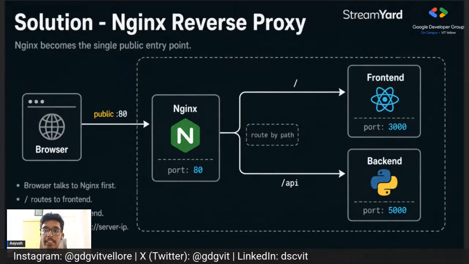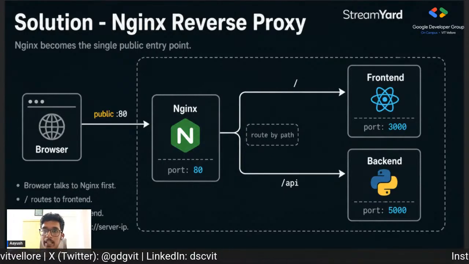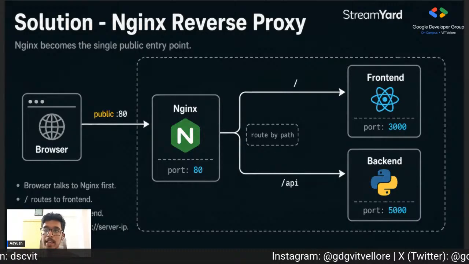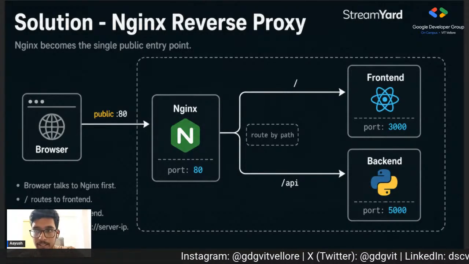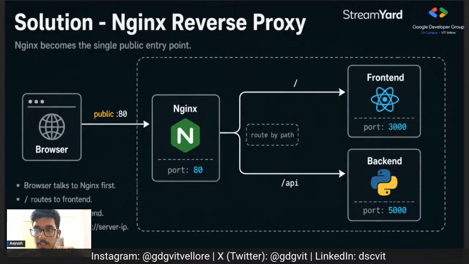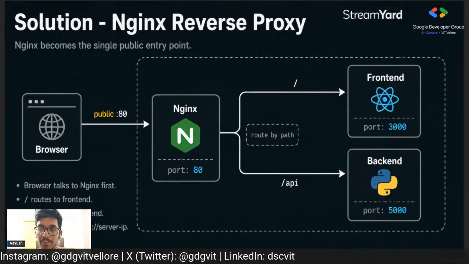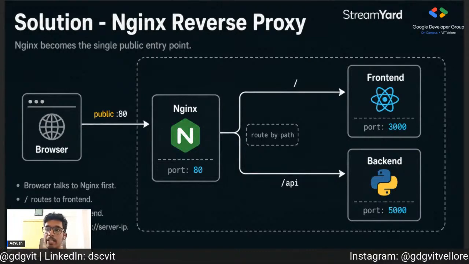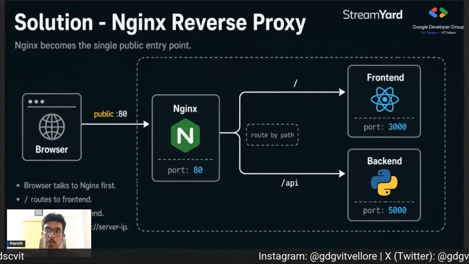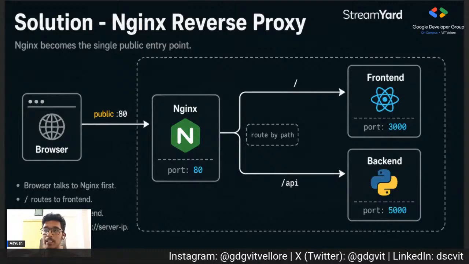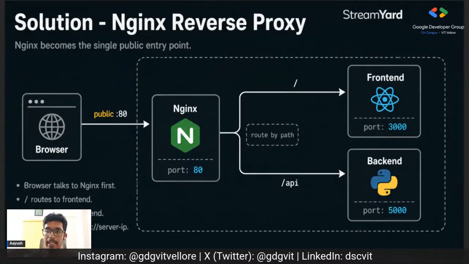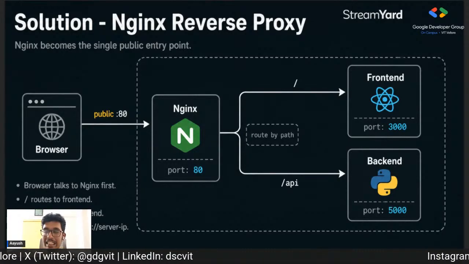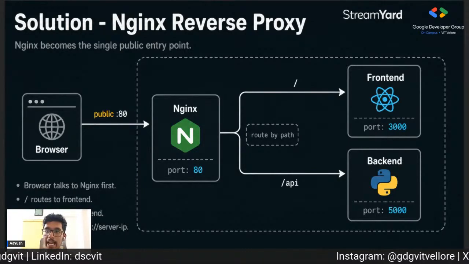Whenever we send a request to Nginx, it first checks in its file. Let's take the example of google.com. If we send something like google.com/xyz, it will go to front end, or google.com, it'll go to front end, because the slash doesn't match API, so it goes to the next lower level, which is slash.